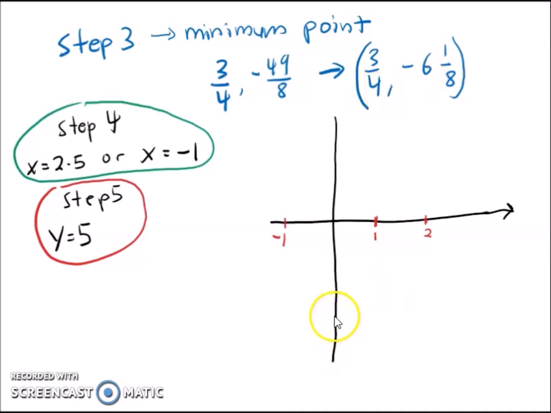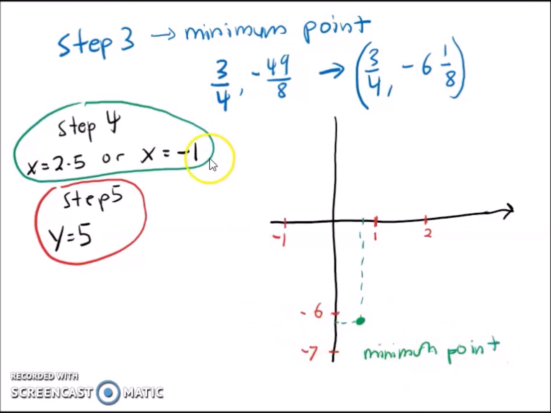So it should be around here. Let us make it, here is negative 6, and here's negative 7, because it's a sketch. Okay, so our point here will be somewhere around here. Okay, so this is our minimum point from step 3.